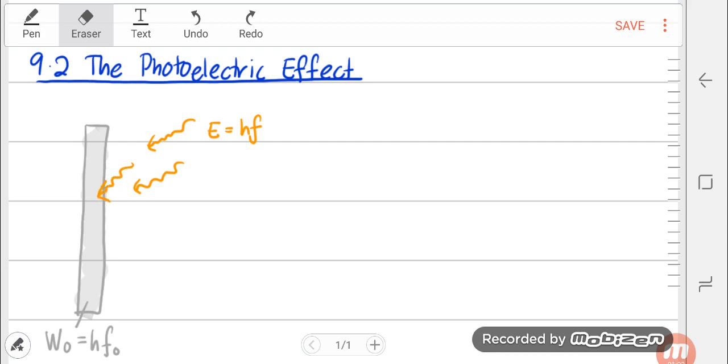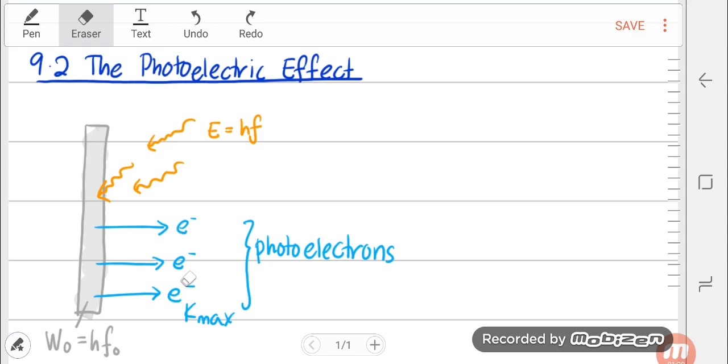As the light hits the surface of the metal, it gives energy to the free electron, and with enough kinetic energy, which we consider as K max, this electron will be ejected out of the metal. These electrons are called photoelectrons.